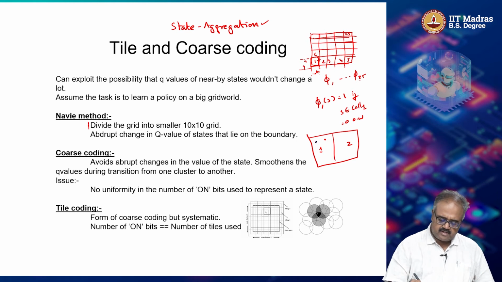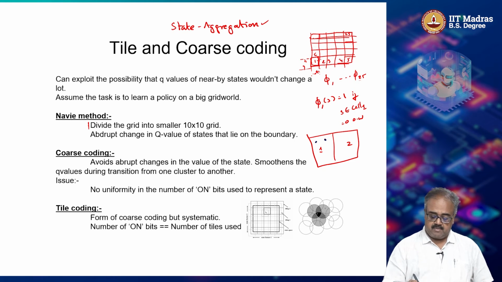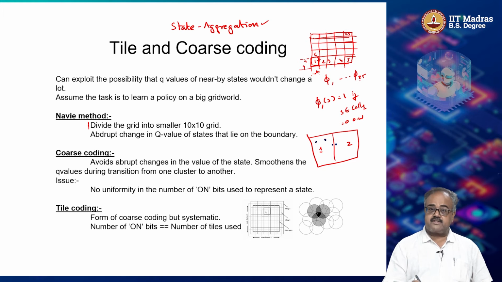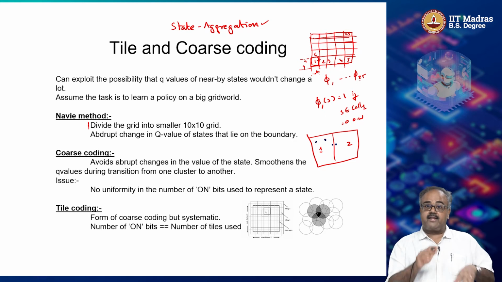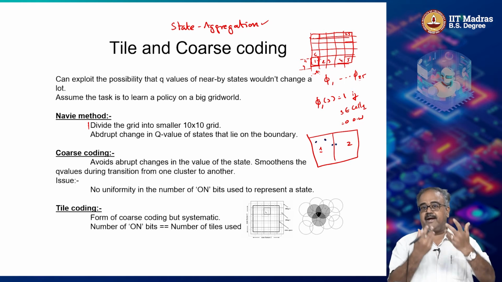Let us say 2 states here and here in cell 1 will have the same value. But 2 states like this, which are much closer to each other than these 2 states, will have a different value, and that could potentially be a big change in the value between these 2 states, even though they are likely to have the same value by our argument.